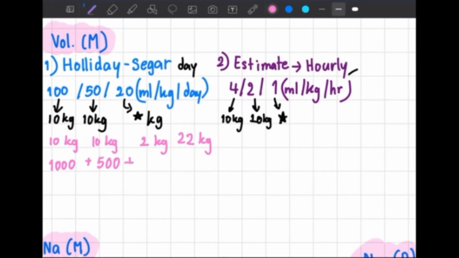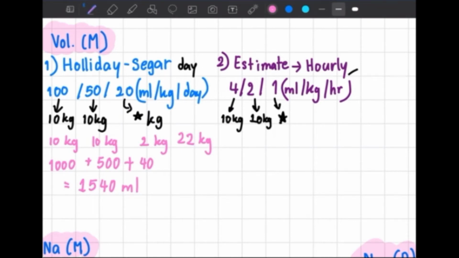And the last 2 kilograms, you multiply with 20 milliliters, and that would give you 40 mLs. So the total volume needed per day is 1,540 milliliters in this patient, and that's how much maintenance fluid that person needs.